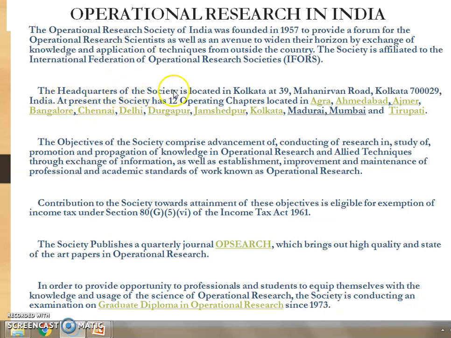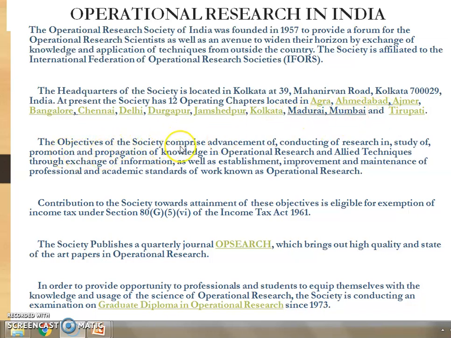The headquarters of the society is located in Kolkata, at Mahanirvan Road. At present, the society has 12 operating chapters located in Agra, Ahmedabad, Ajmer, Bangalore, Chennai, Delhi, Durgapur, Jamshedpur, Kolkata, Madurai, Mumbai and Tirupati.